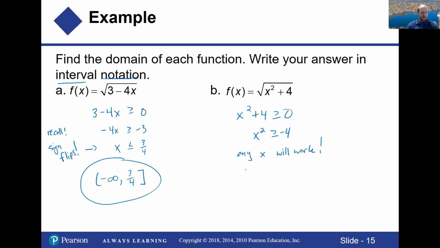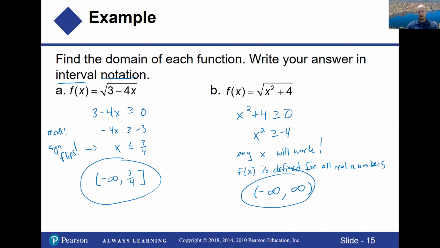That means the function is defined for all real numbers. So f of x, in this case, is defined for all real numbers. Okay, so that means that in interval notation, I have -infinity to infinity.